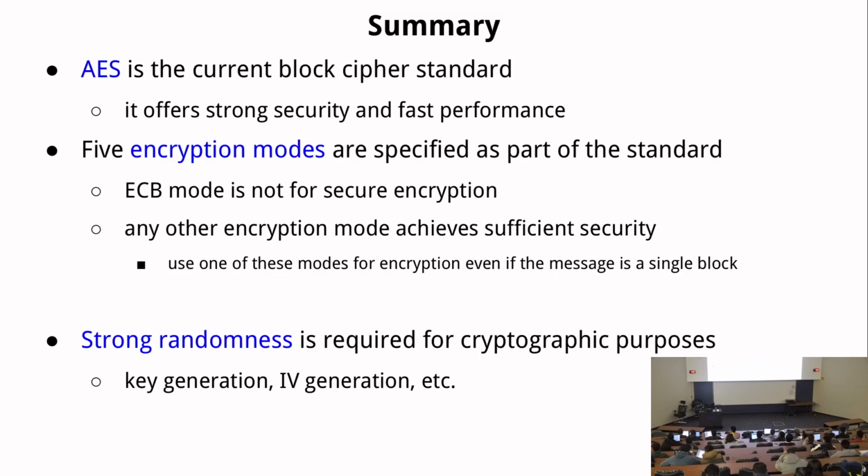This is not a problem for most of our laptops or servers, because those devices have a built-in random number generator, right? However, this is a big problem for some low-end embedded devices, especially since my lab works on low-end embedded devices. We find that's a big problem for us to design a secure system.